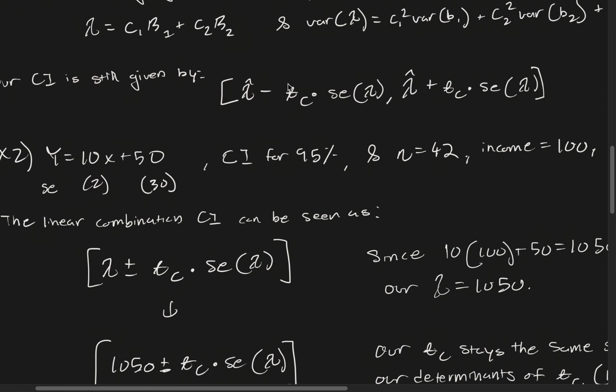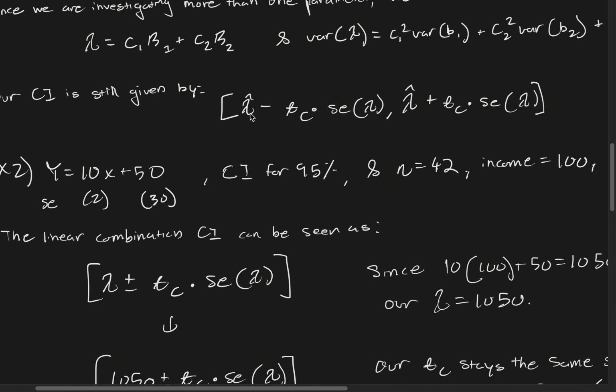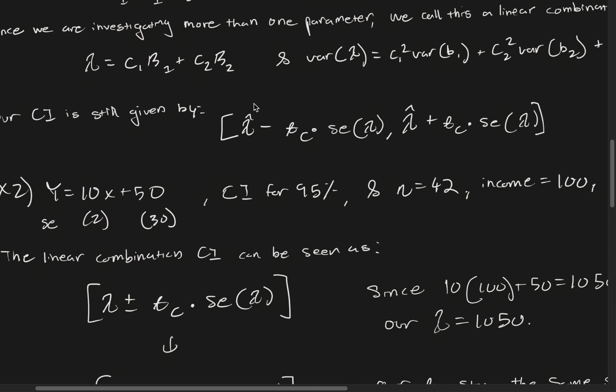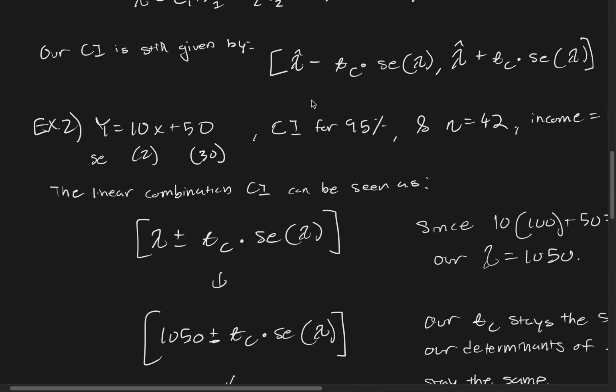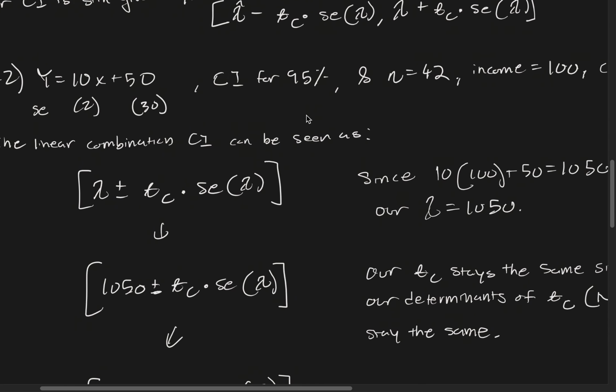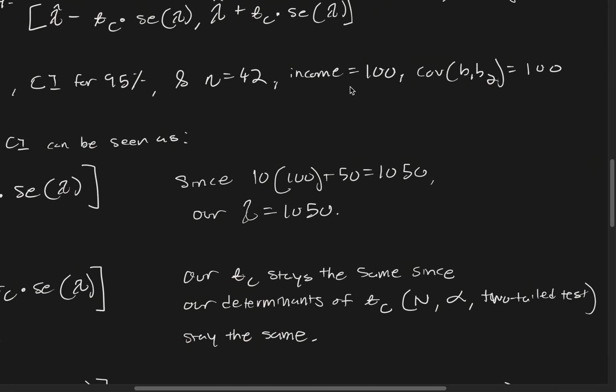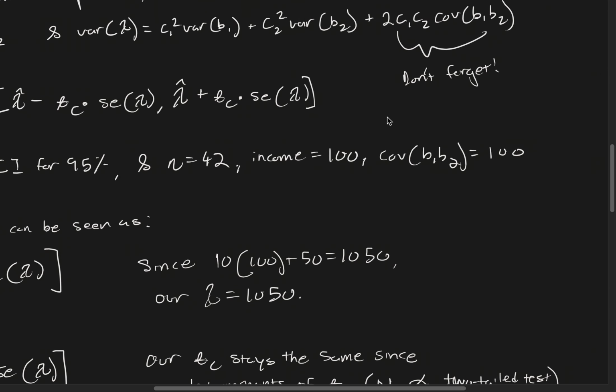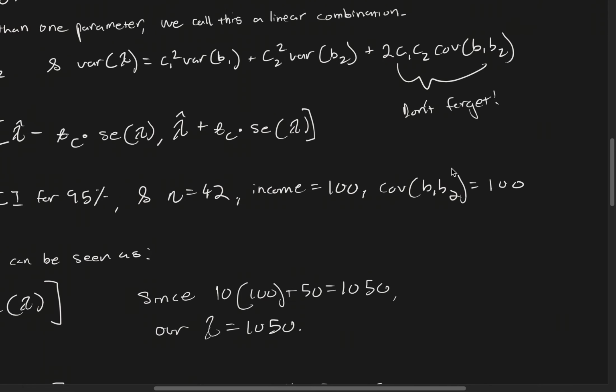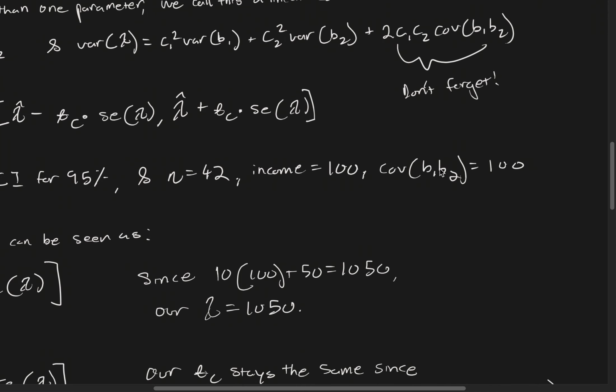The confidence interval is the same. Our lambda is given by the different terms, but our formula is still the same. So if we use the same example with the same confidence level and the same sample size, our income is 100, and our covariance is also given, just because the covariance is a little harder to calculate.